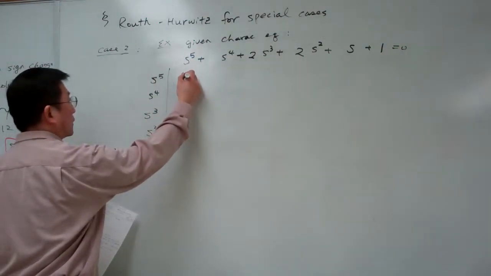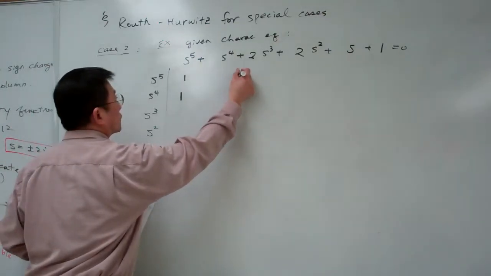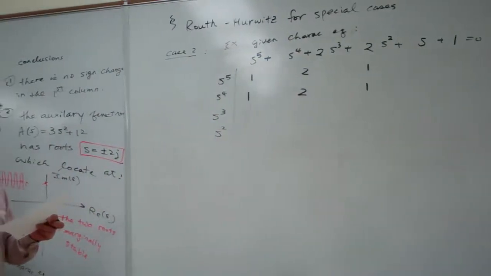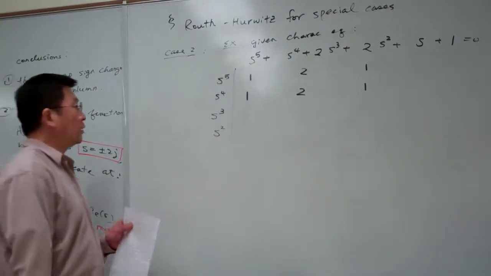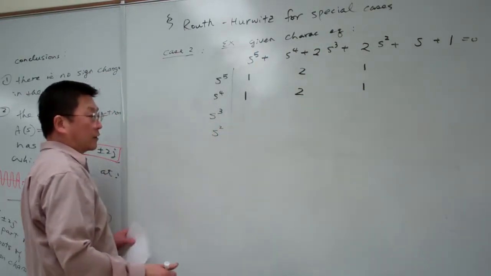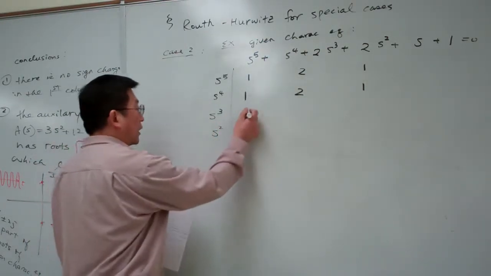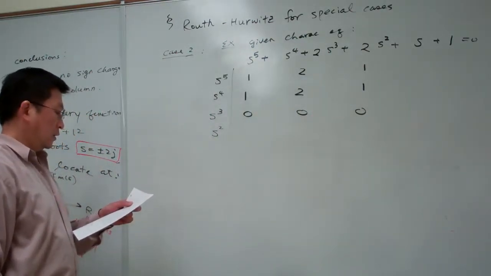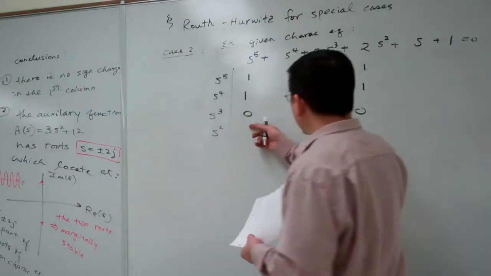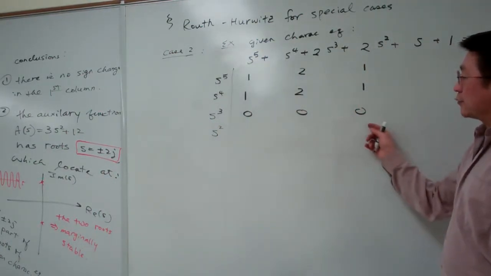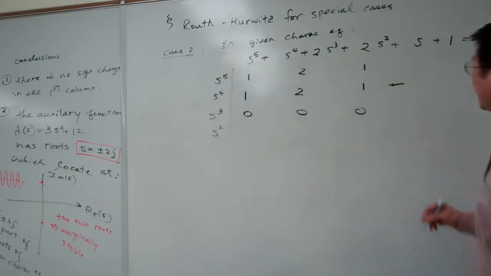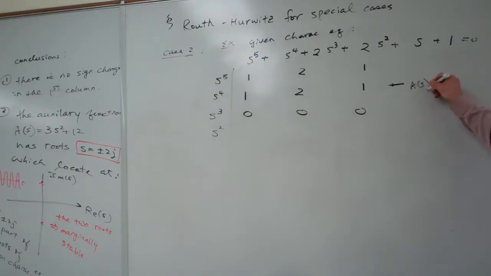So we build up the table like this, and quickly we hit a zero row.